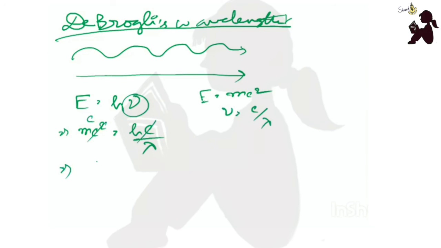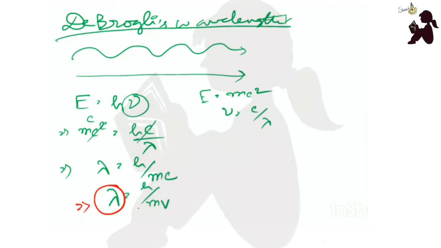So this equation comes here. De Broglie modified it and wrote it like this. So it is our de Broglie wavelength.